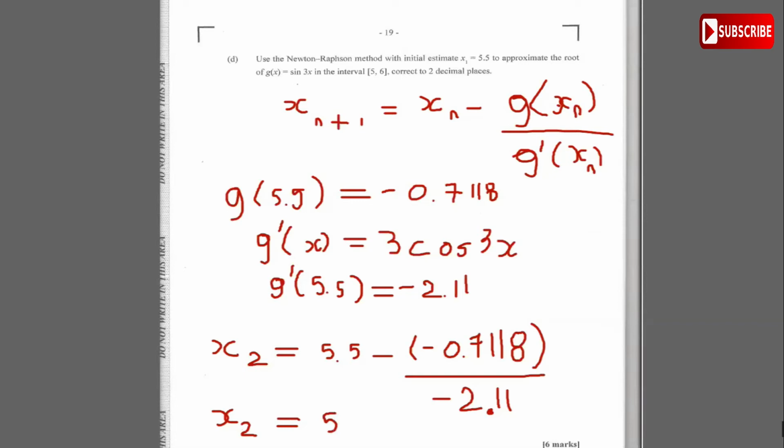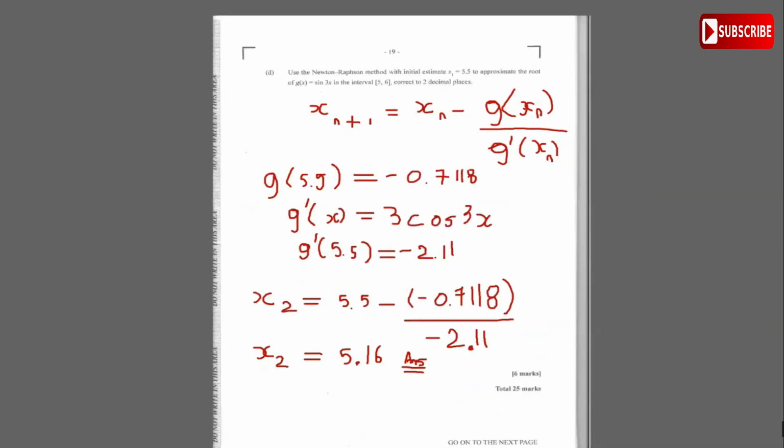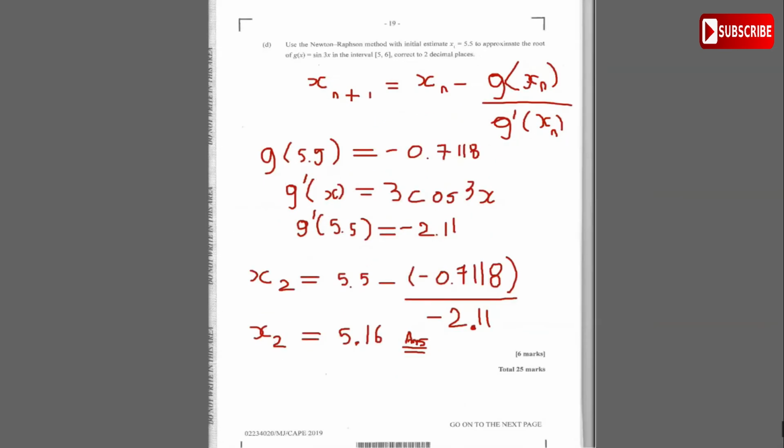So the approximated root is 5.16. Nice and easy, 5.16 is the approximated root.